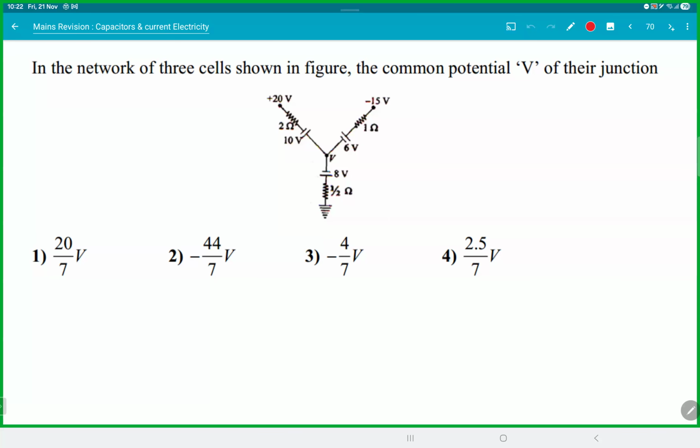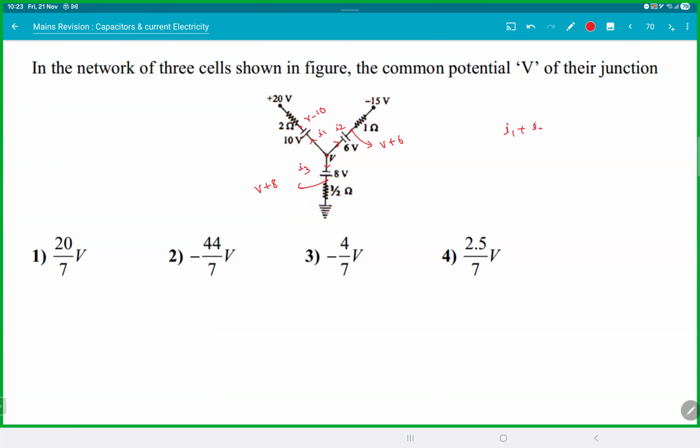How do you start? If this guy is V, this point will be V plus 6. This guy will be V minus 10. This guy will be V plus 8. I know the picture is a little unclear, but that's a negative terminal. Let this current be I1. Let the current be I2, and let this current be I3.